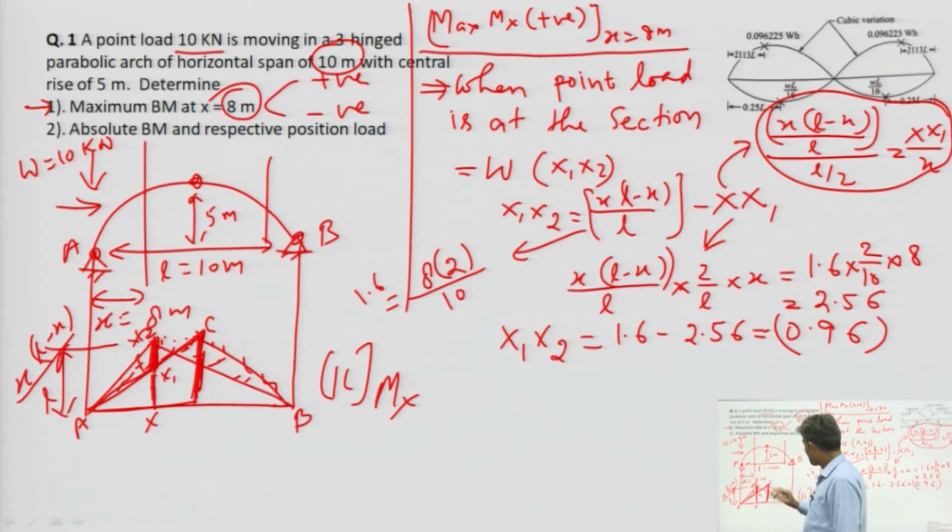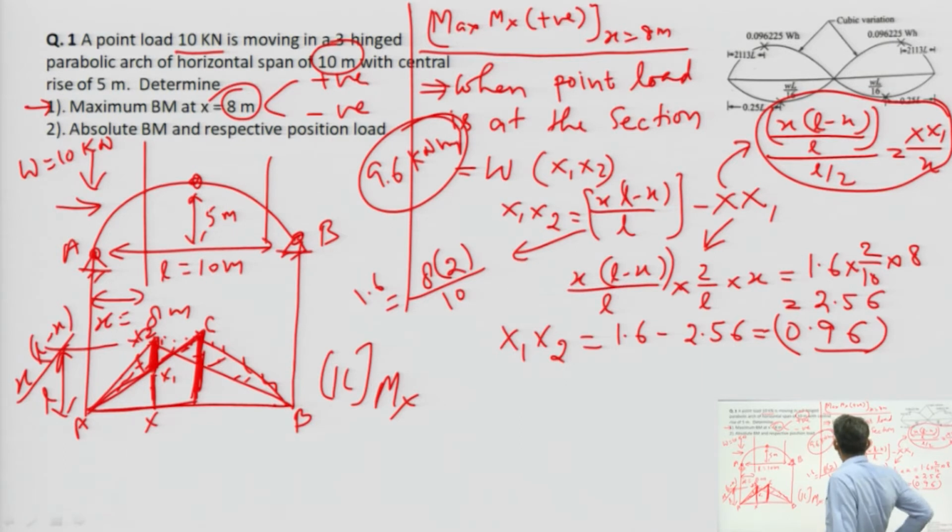So, that is why it is different. So, it is 0.96, okay. So, bending moment is put this value here. So, it is 9.6 kilonewton meter, okay, by multiplying the ordinate, okay.